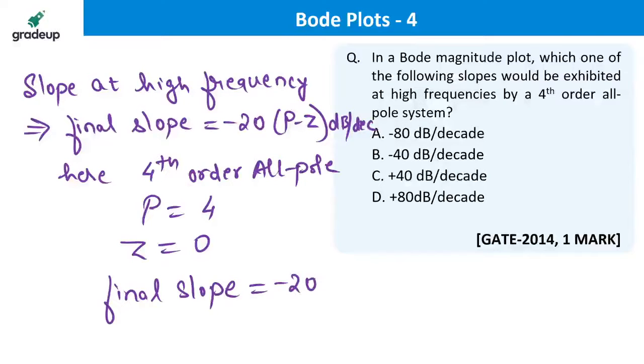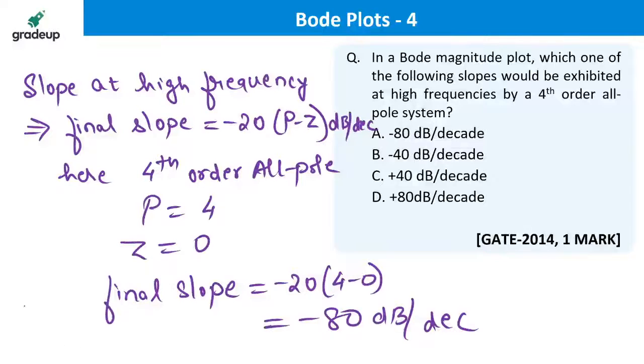It is minus 20 times (4 minus 0). It is just like a reading question only: minus 80 decibel per decade. So whenever you see the question slope at high frequency, that is known as the final slope. Slope at high frequency means the final slope.